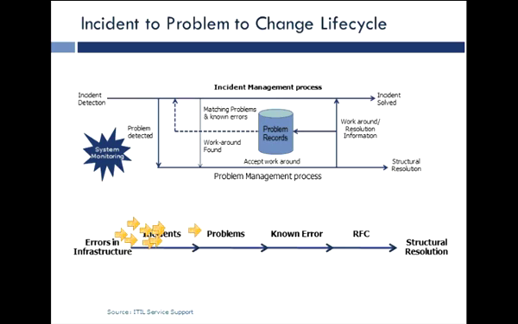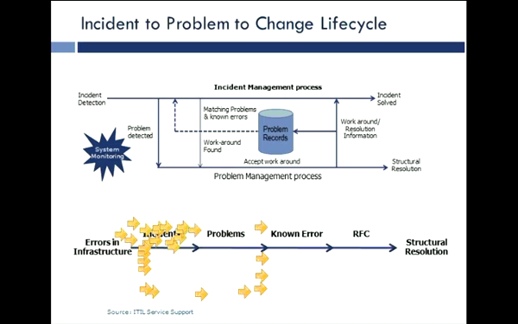We still have a ton of incidents coming in, but we have one problem ticket that we begin doing the diagnostics on. Once we identify the known error, it goes into the known error database and immediately becomes available back here to incident management. So all of those incidents that are occurring, we can apply that restoration and get rid of.